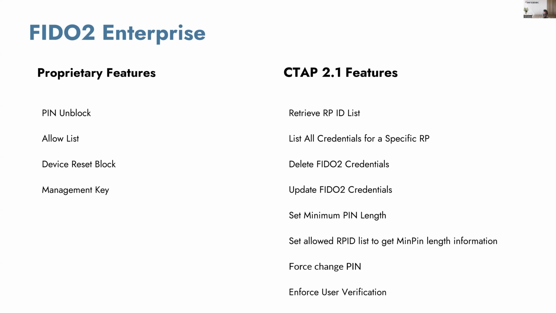You don't want a user or someone else to go and reset that through Windows or other tools. And all this is made possible for these FIDO credentials to do on behalf of users by managing it through the vSEC CMS management key.